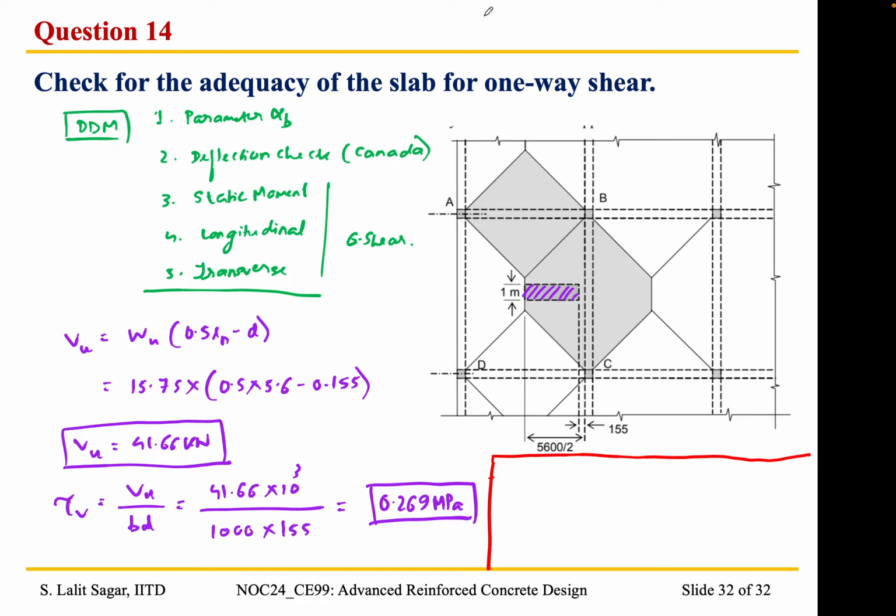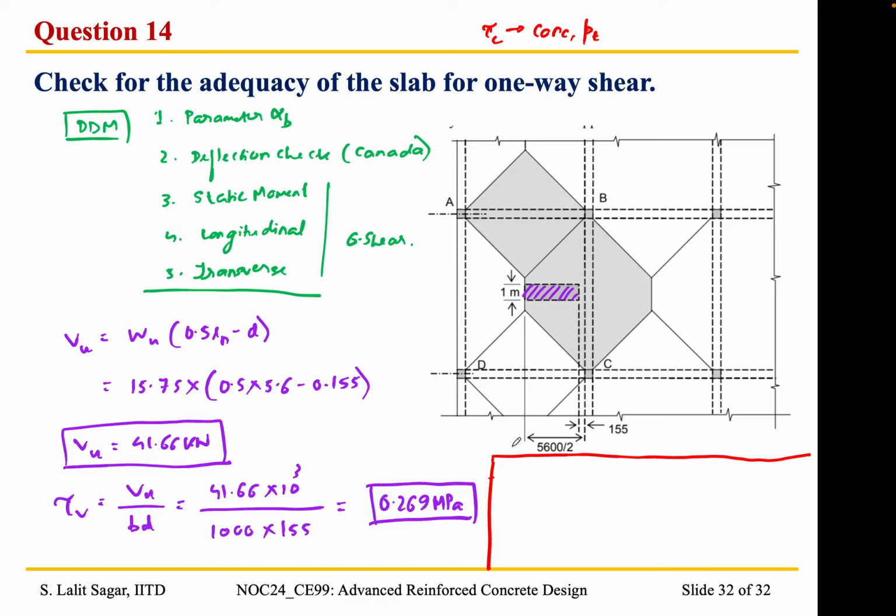The shear resistance provided by concrete, tau c, depends on the grade of concrete and the area of steel, or the percentage of steel reinforcement.